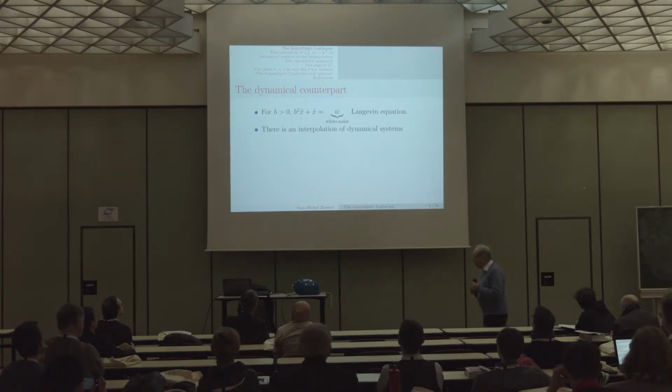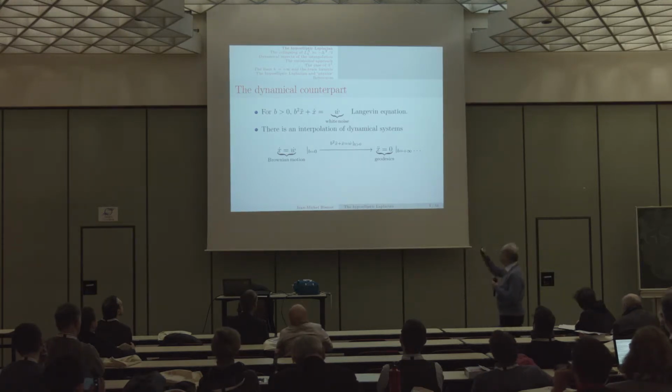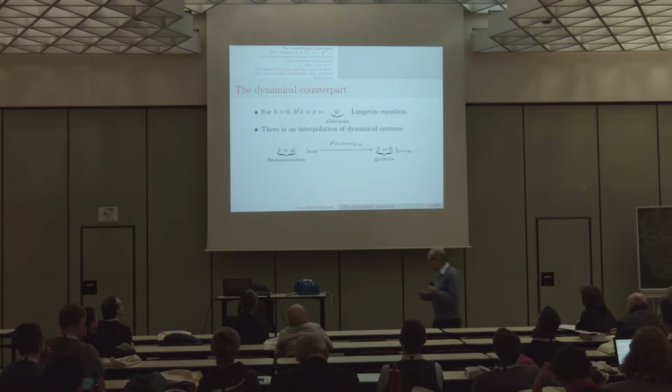And so the dynamical counterpart is an interpolation of dynamical systems. I wrote here the interpolation: for b equals 0, that's Brownian motion. In this equation, you make b equals 0, you get the classical Brownian motion on the manifold. That's as random as possible a trajectory.